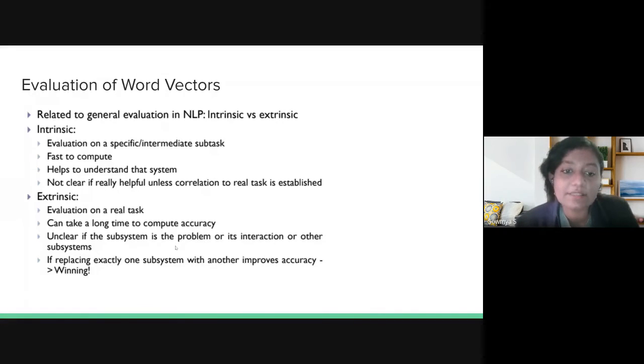Extrinsic means it is evaluated on an NLP task, sentiment analysis, and so on. So, in some sense, especially when you come to the engineering aspect, you would be more interested in extrinsic evaluation. Intrinsic evaluation appeals more to researchers because you want to know whether you've actually modeled the language or not.